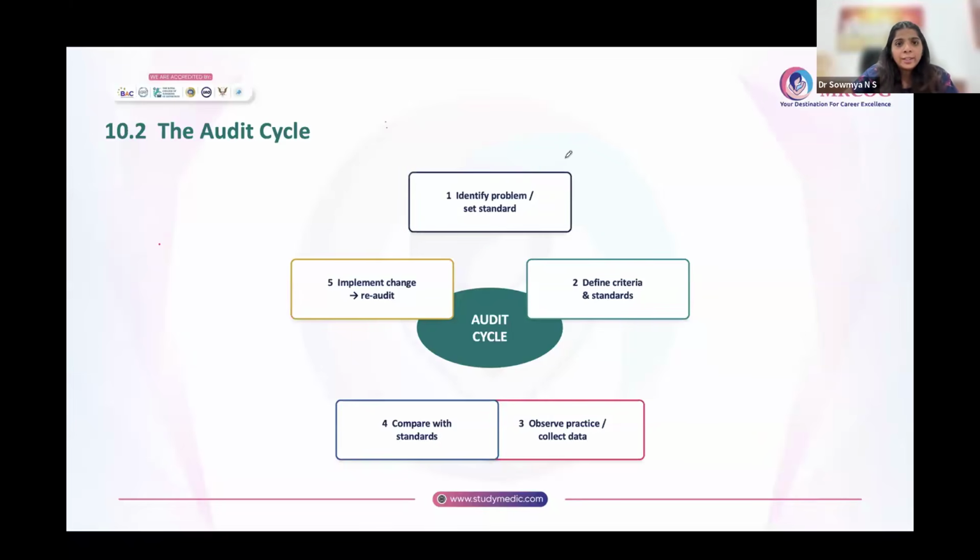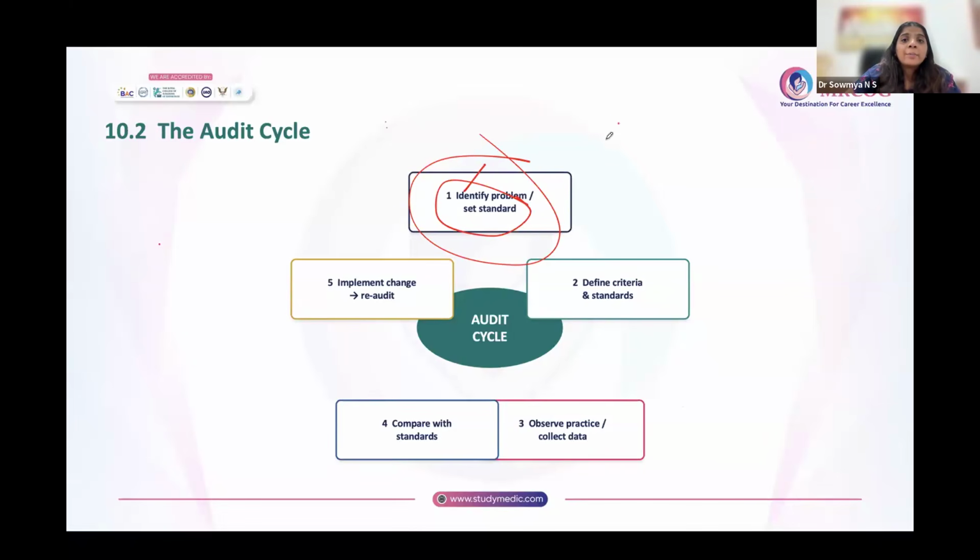Now let's look into the audit data. When do you do an audit? Whenever there is a problem, like a recurring problem, or a complaint that a lot of women had a 3rd-degree tear. That is the problem you identify, and then you set the standard. For example, if you are choosing a cesarean section, you need to know the national standard according to NICE.